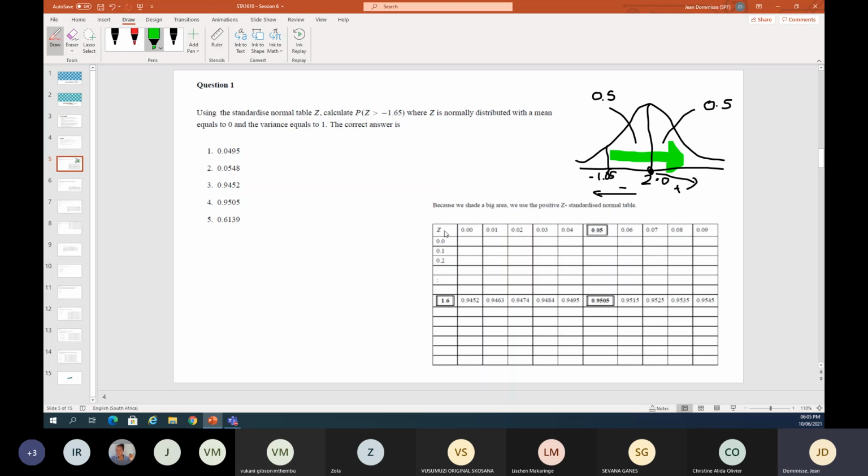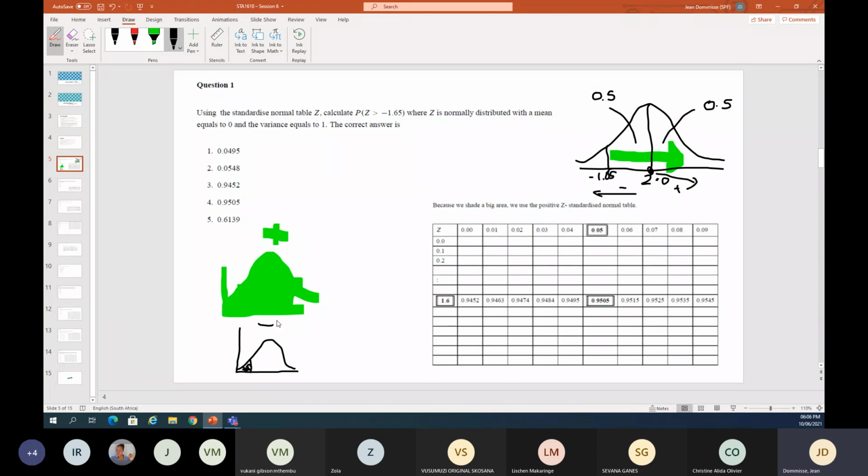When you look at your tables, your one table is the positive table, and if you look at the diagram at the top, it will have this area covered in. Then the next table, the negative table, will have that area colored in.